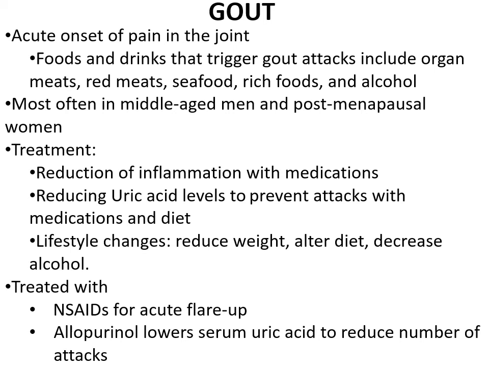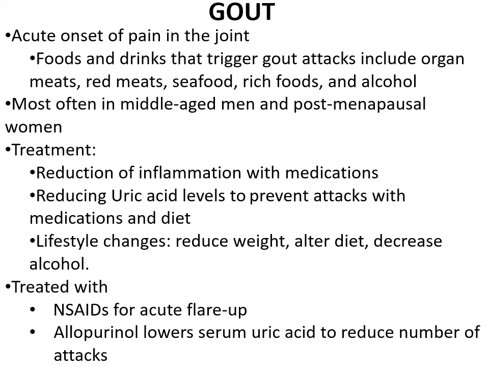Well, certain foods can trigger a gout attack, such as organ meats, so kidney, liver, very rich foods, seafood, and there's alcohol again. So alcohol is a big trigger for an acute gout attack. Okay, and that can be a problem for many people because after a weekend of drinking alcohol, they come in on Monday or Tuesday with an acute flare-up of gout.